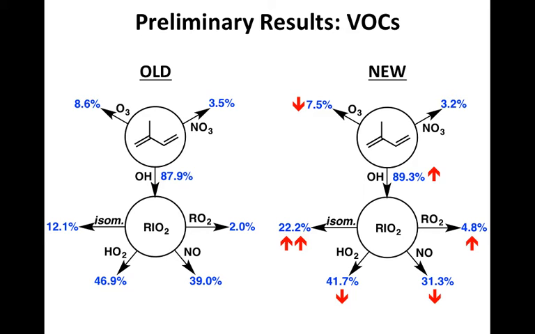We also now speciate these RO2 radicals to their different isomers, which Paul touched on is important because those different isomers actually have different subsequent chemistries. And the reversibility of oxygen addition means that this pool of RO2 isomers is a dynamic system that evolves over time, and depending on your radical lifetime, you'll get different distributions of these isomers.